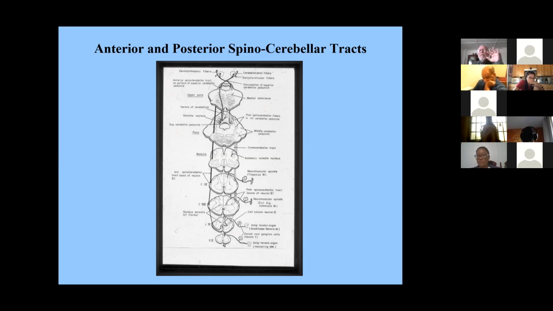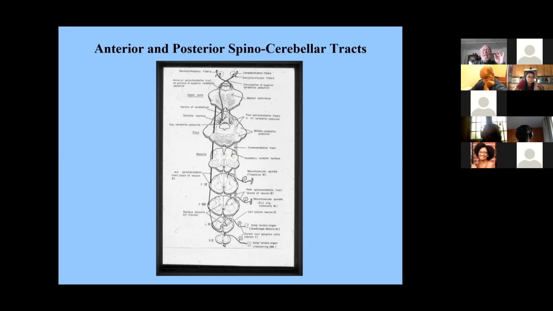So now this information is coming into the nucleus of Clark, and these large cells are going to form the major integrative input going into the cerebellum from the lumbar cord, a little bit from the sacral cord, and then very much from the thoracic cord, not the cervical cord.